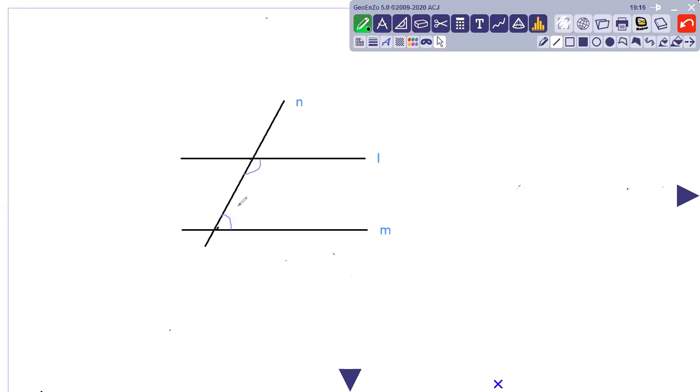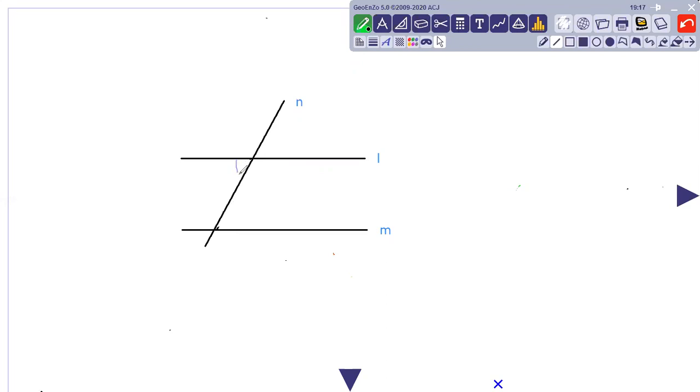These two angles are interior angles, that is within the parallel lines, between these two parallel lines. And they are on the same side of the transversal. They both lie to the right side. These two angles are supplementary. That means when we add these two angles, you will get 180 degrees.